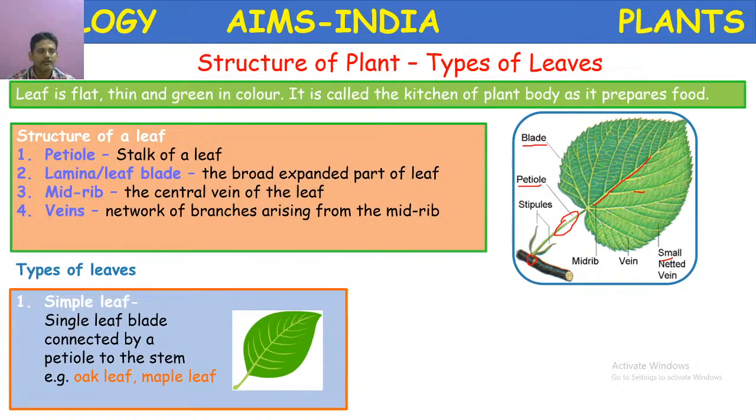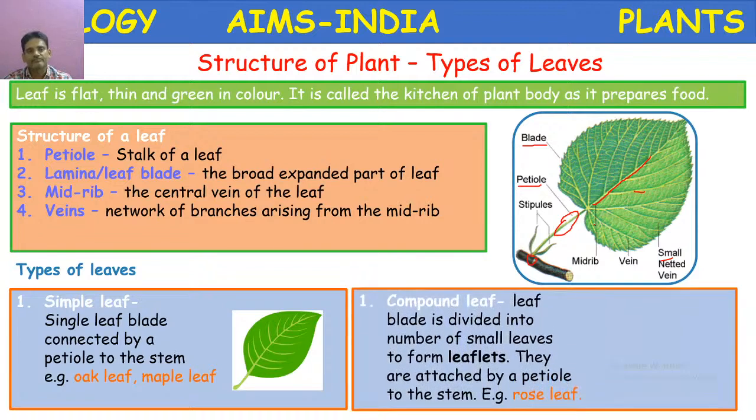Examples: maple leaf, hibiscus leaf, peepal leaf, all these are examples of the simple leaf. So children, after learning the concept, when you observe our surroundings, you have to collect some leaves and compare. Then you will understand the difference between leaf to leaf, and how that plant survives in that particular habitat.